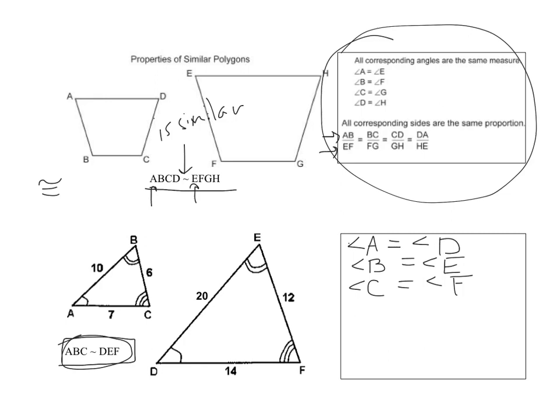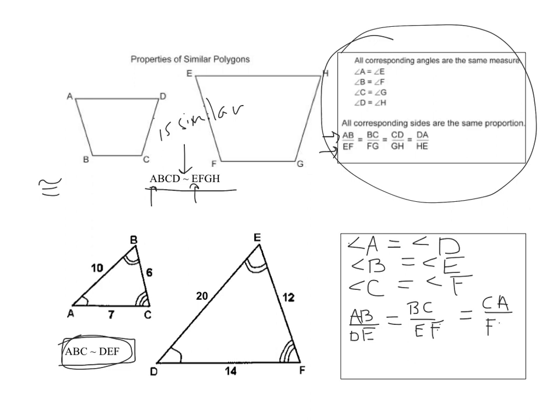Then for the ratios. Again, if we go in order, we take the side AB and put that over side DE, and we're going to put numbers in here in a second. That would be equal to the next pair, which is BC over EF. And then that ratio should be equal to the third and final ratio of CA over FD.